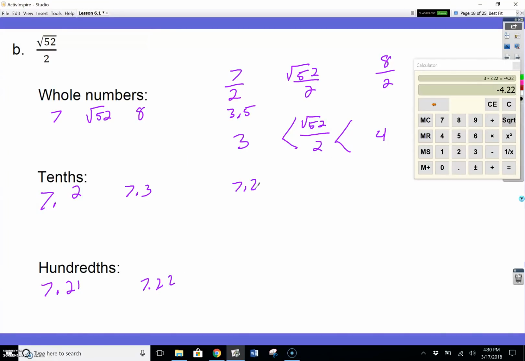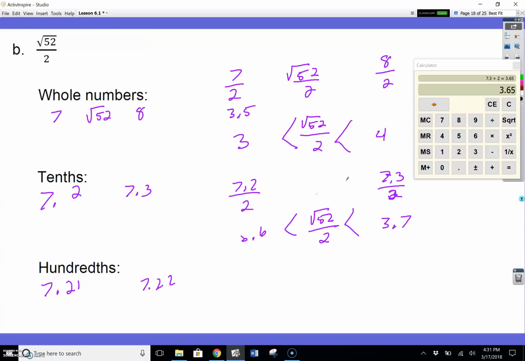I'm going to have 7.2 all over 2 and 7.3 all over 2. So 7.2 divided by 2 is 3.6. And 7.3 divided by 2 is going to be 3.65. So what we're going to do is just go ahead and round that up. So therefore, I made a mistake right here. So I know radical 52 over 2 needs to be less than 3 7/10, but greater than 3 6/10.